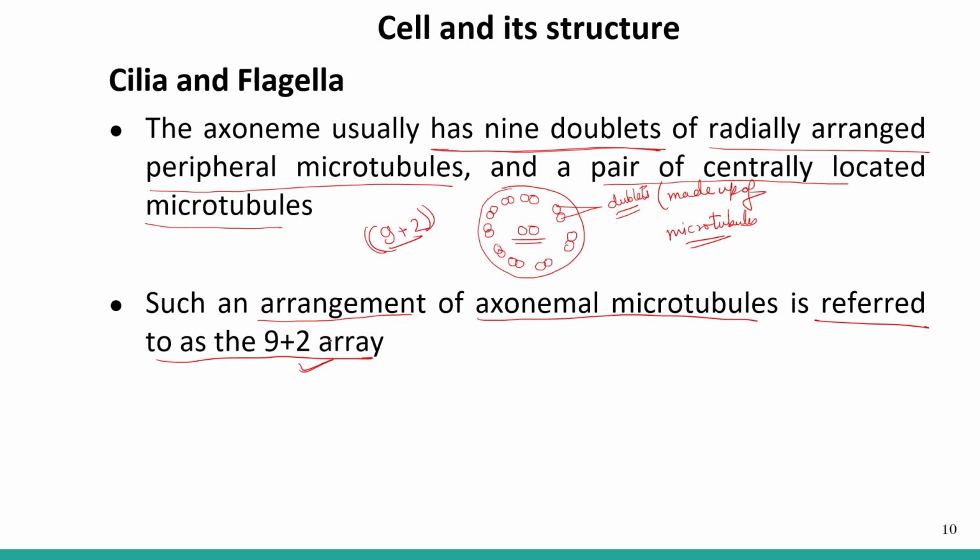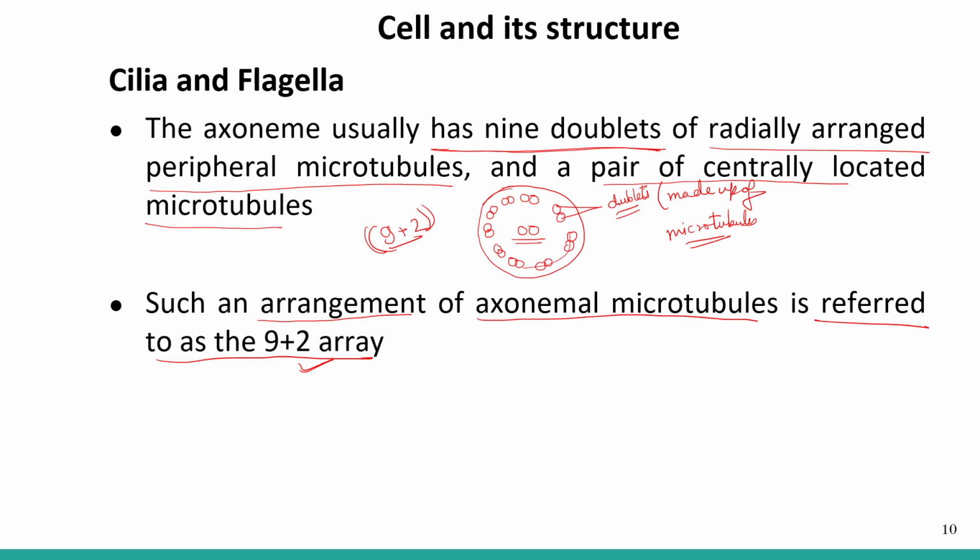So this is very, very important. Again, the axoneme usually has 9 doublets. So here we can see that if we cut any cross section of a flagellum, then at the periphery there is a doublet structure.